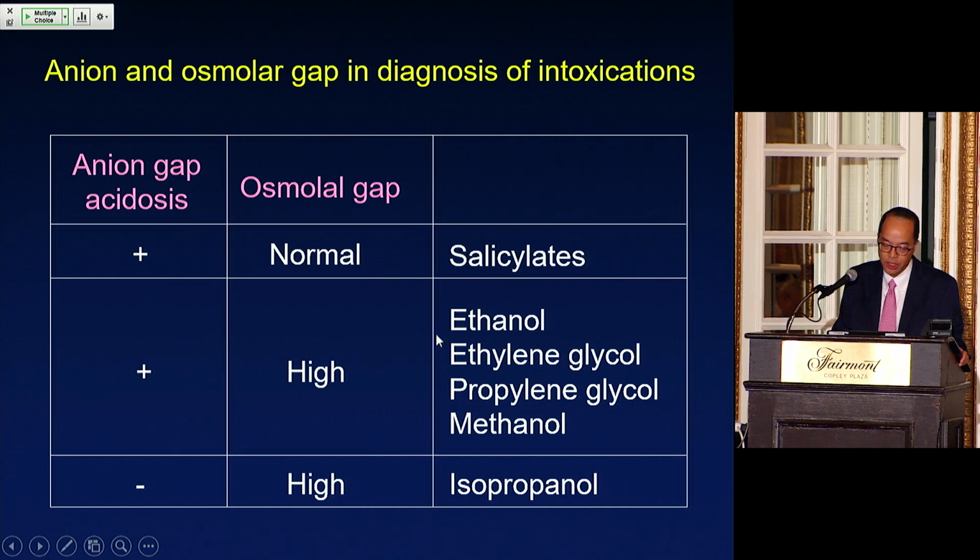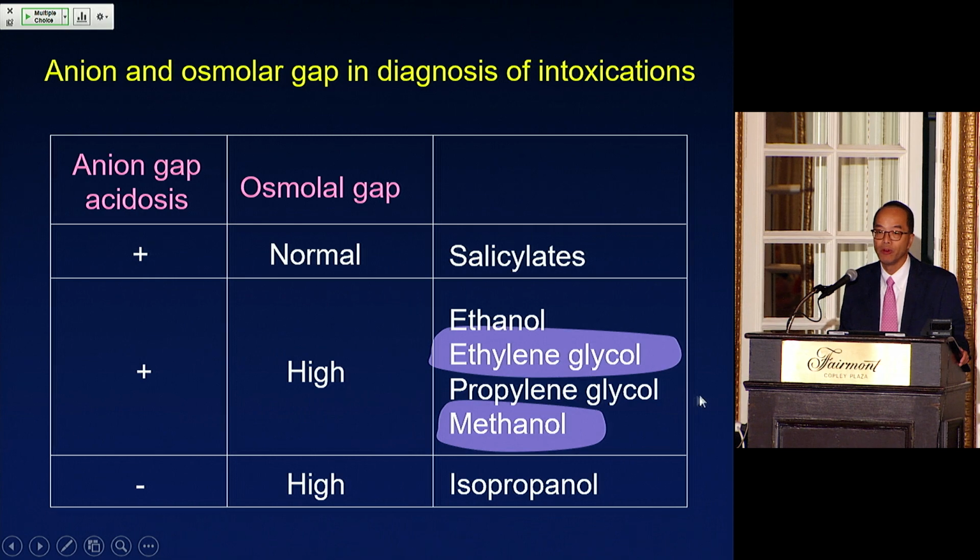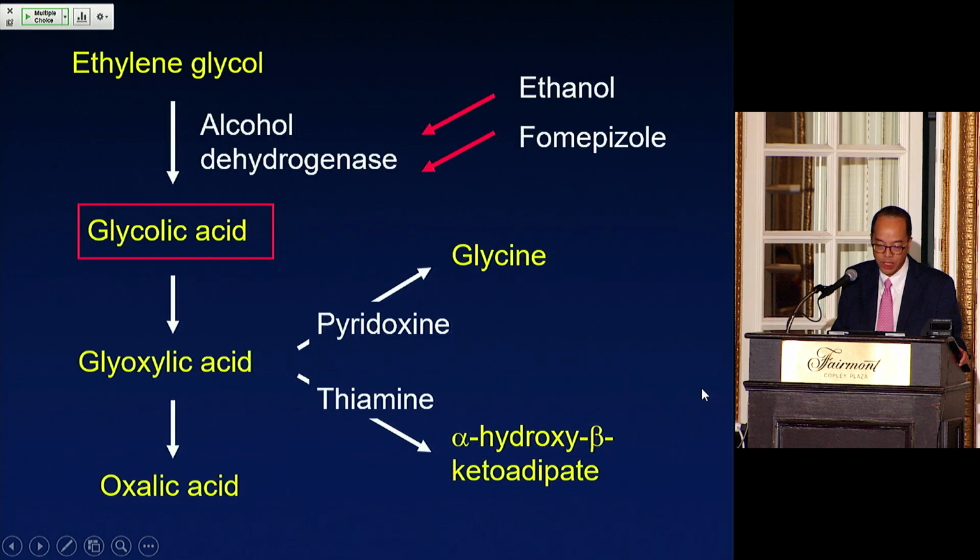That has to start first, and it is probably the most important life-saving thing you do. So you should give fomepizole first, and then, if needed, start dialysis. And it doesn't matter whether it's ethylene glycol or methanol, you treat it pretty much the same way.